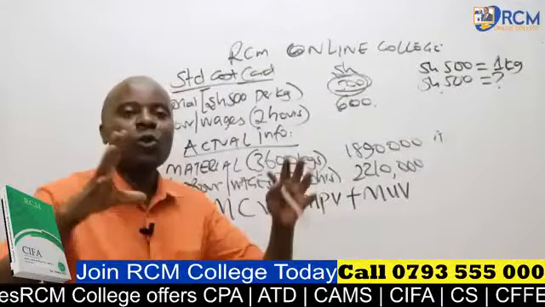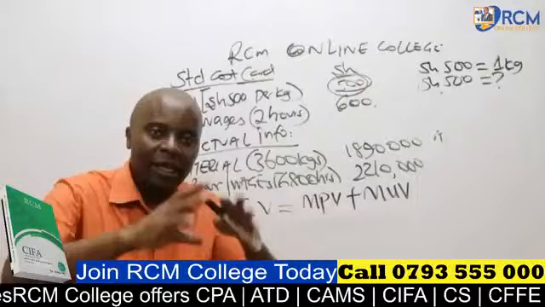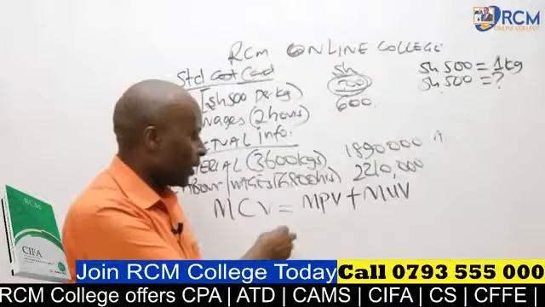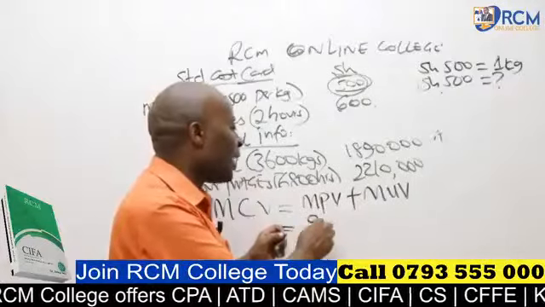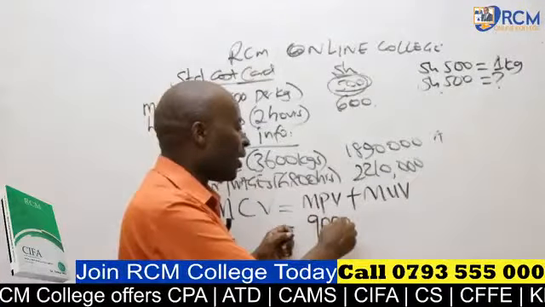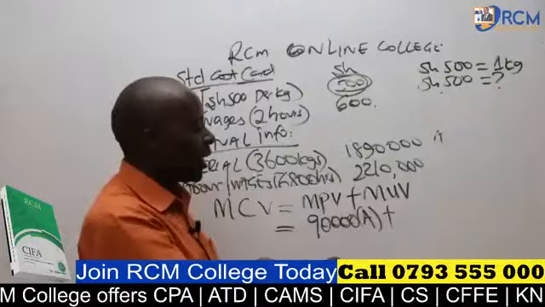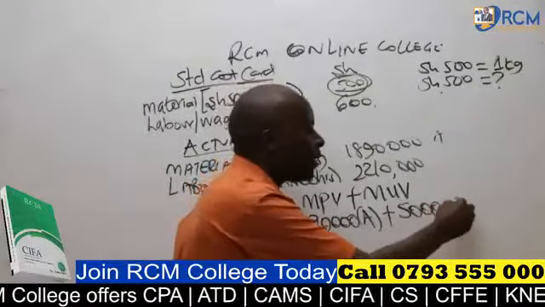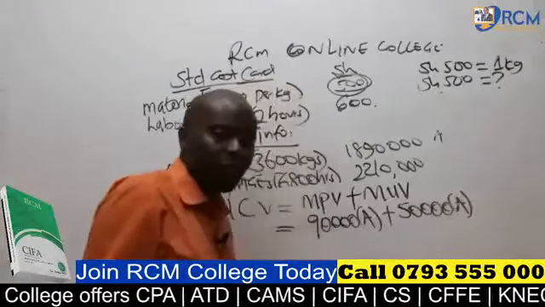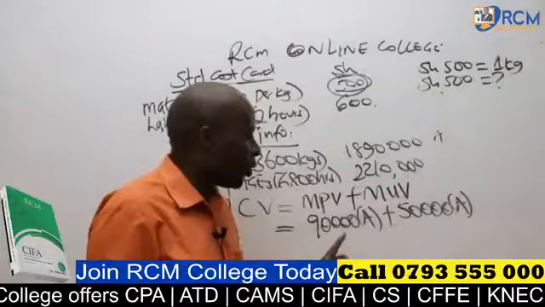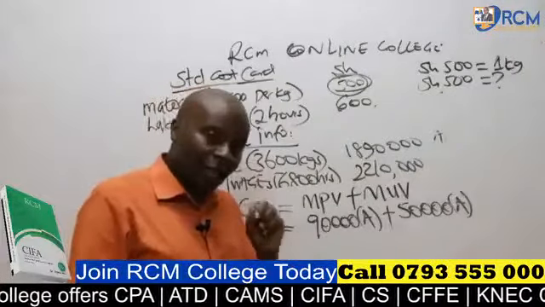The components put together give us the mother, which is the material cost variance. Our material price variance, which we obtained up there, was 90,000 adverse, plus our material usage variance, which is 50,000 adverse. Therefore, if you add the two, you end up getting 140,000.